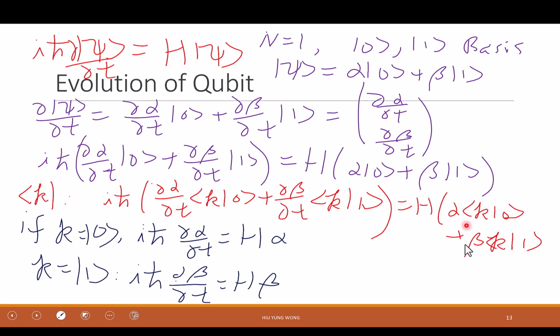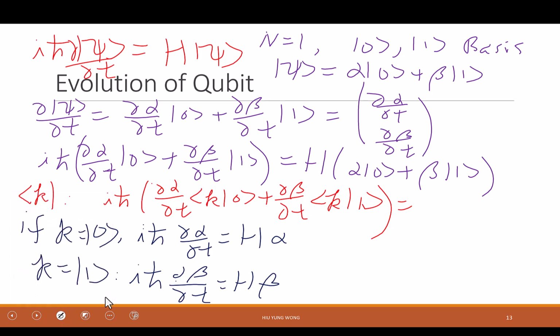Here, can I go from here to here directly? No, because I need to put k on the left of h. H is the Hamiltonian, so I'm a little bit rushed and gave you all the wrong stuff. So let me rewrite it, and that's why the result I got was wrong.